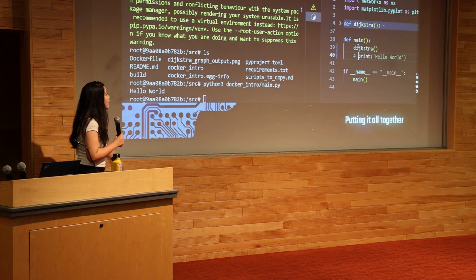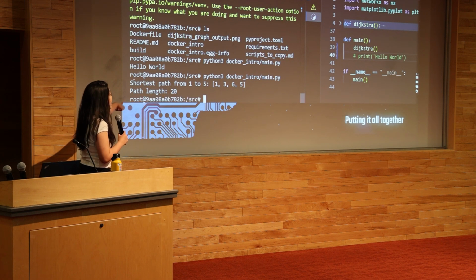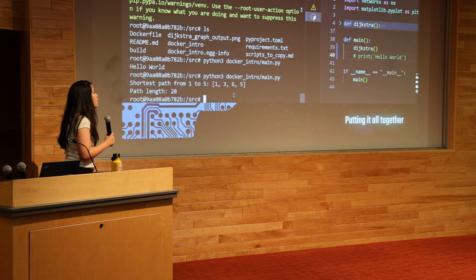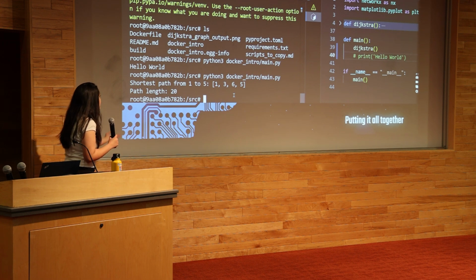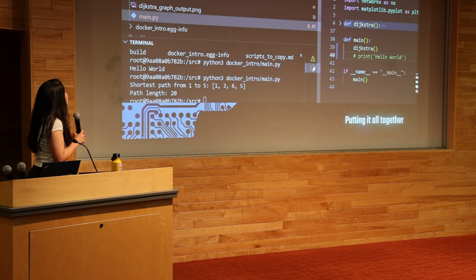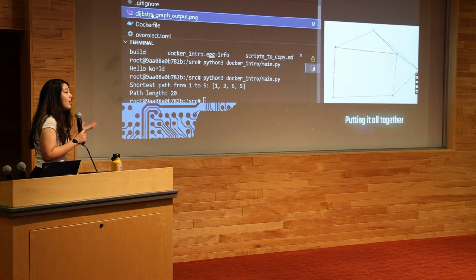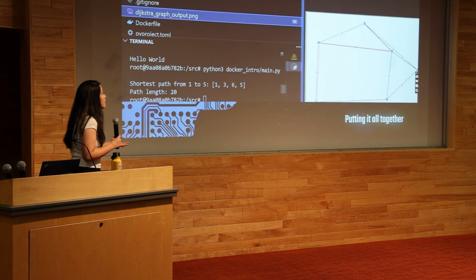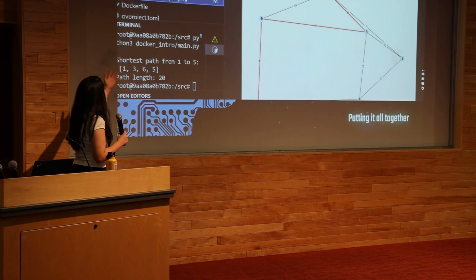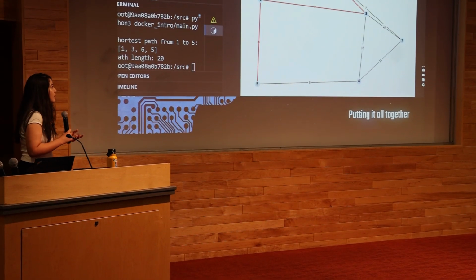And so now we can just directly edit our files and run that same main.py and get our Dijkstra's algorithm, which in this case doesn't just do this, but also builds a Dijkstra graph output. When you're volume mounting, you can actually see what Dijkstra's does, and it's just going to stick it into your local drive because it's connected.